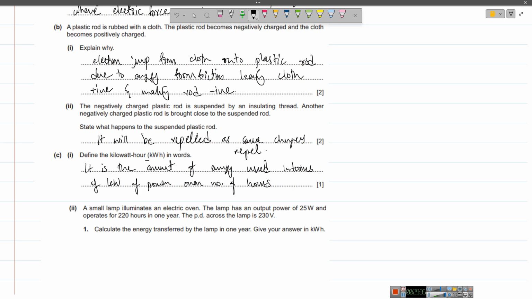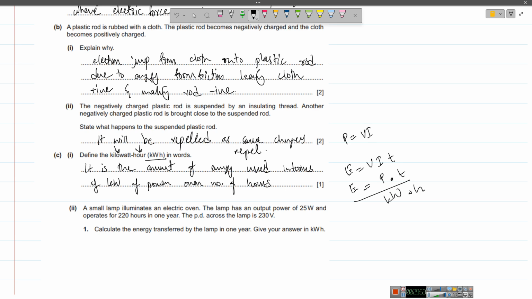I mean, this is already telling you kilowatt and hour. So if you remember, E is equal to VIT and P is equal to VI. I just discussed it in the previous paper as well. So P into T, that is kilowatt hour, and that is in kilowatts.